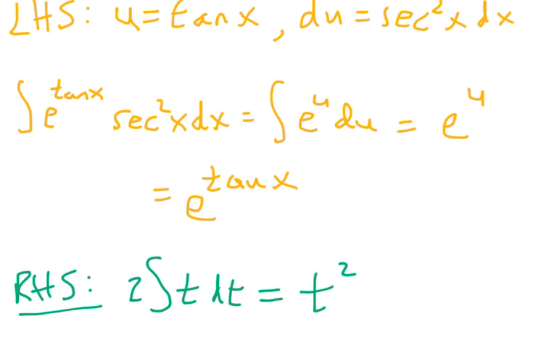Oh, there's one thing we forgot here. What did we forget? We forgot our constant. This is an indefinite integral, so you can't forget this. This is going to be very important. Okay, so let's go to the next page. We have e to the tangent x is equal to t squared plus c.